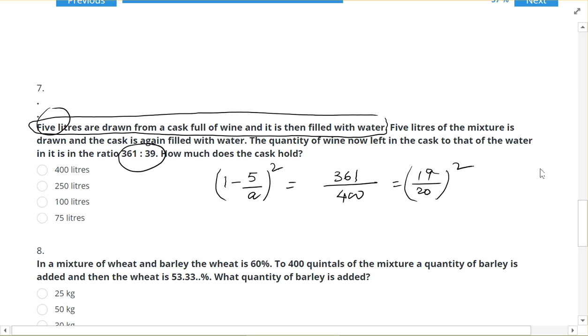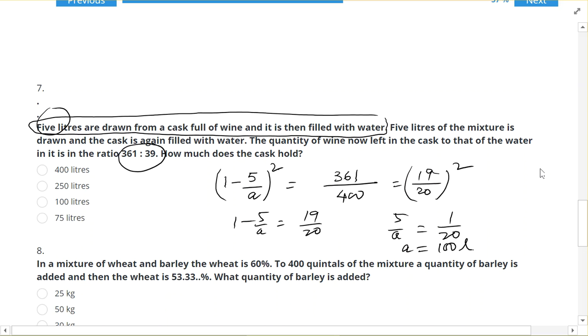So removing the square, 1 minus 5 by A is equal to 19 by 20. So 5 by A is equal to 1 minus 19 by 20, that is 1 by 20. So A is equal to 100 liters.